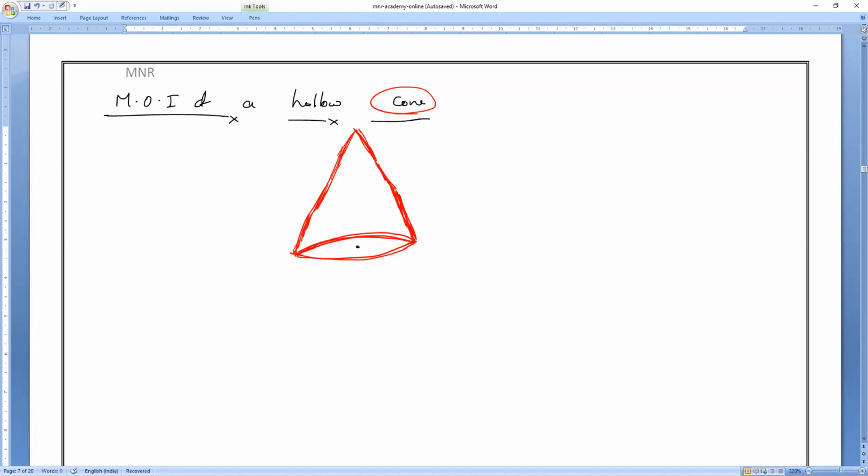So let me take the radius as capital R here, and the length of the side of the cone is L. Let me take the mass of the cone as M, the radius of the cone as R, and the length as L. We have to find the moment of inertia of a hollow cone when the axis of rotation is passing exactly like this. This is what we have to find.